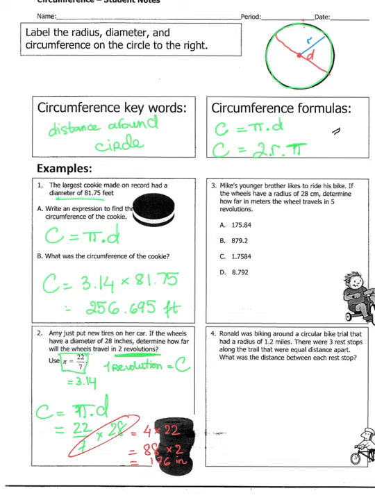Number 3, Mike's younger brother liked to ride his bike. If the wheel has a radius of 28, determine how far in meters the wheel travels in 5 revolutions. So it's similar to problem number 2.